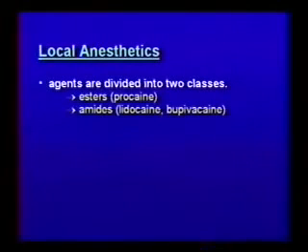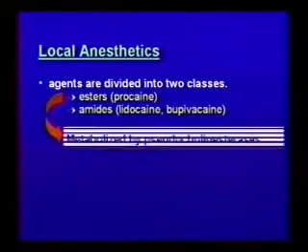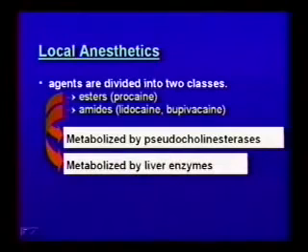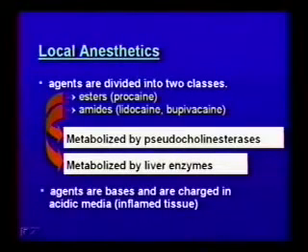There are two broad classes of local anesthetics, the ester anesthetics and the amides. These are chemical classifications. The reason for knowing these classifications, and which agents belong to them, is that the ester anesthetics and the amide anesthetics are eliminated by different mechanisms in the animal's body.